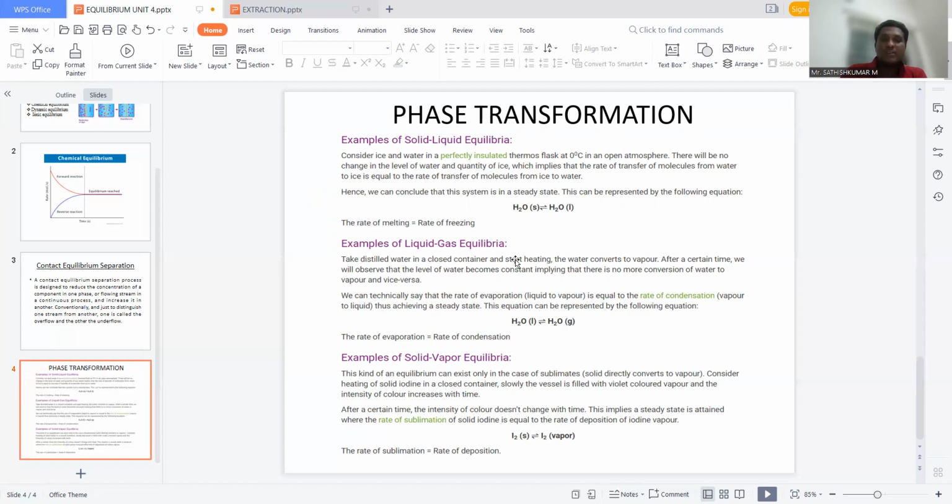In liquid-gas equilibrium, the rate of evaporation and the rate of condensation are the same. The rate of sublimation and the rate of deposition are equal at the point of solid-vapor equilibrium. These are the basic concepts of equilibrium. Next, we are going to discuss the extraction process.